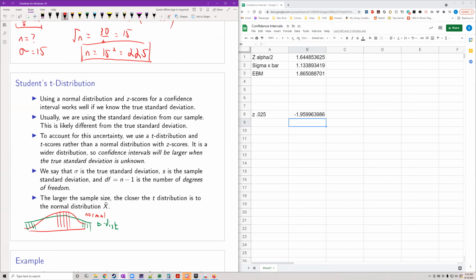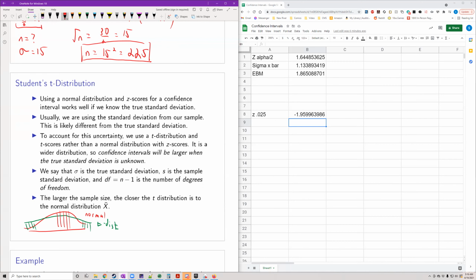A t-score works the exact same way as a z-score does, but because the standard deviation is an estimate, the t-score is going to end up being a little bit larger than the z-score, giving us a wider interval.